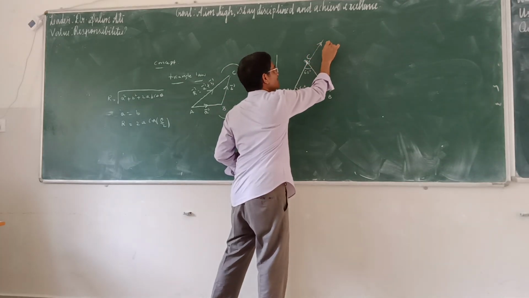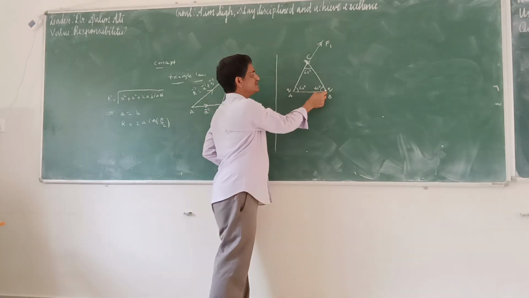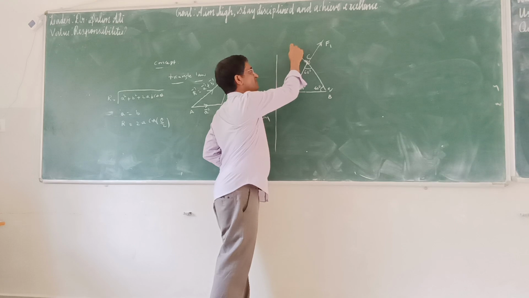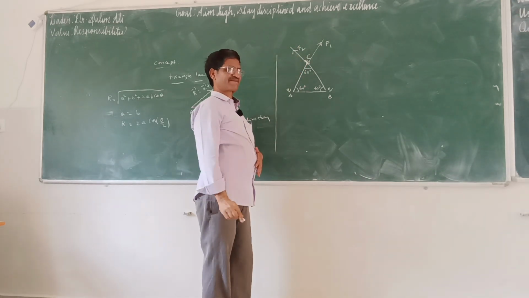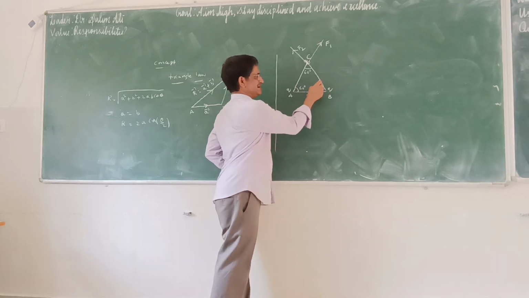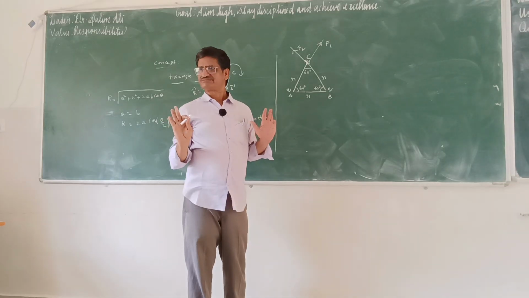Let us say F1. From this charge on this charge, another repulsive force F2. Yes or no? So let us say this distance, equilateral triangle means equal, yes or no?